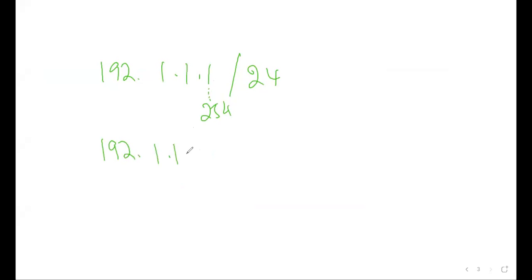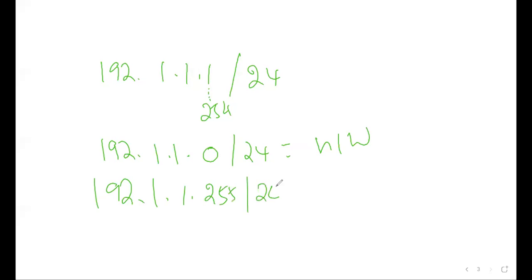Let's say if I'm writing one class C network, 192.1.1.111/24, I can write any number up to 254. So 192.1.1 is the network portion, and for the host portion, if it's 0, this is called the network. If my host portion becomes 255, that is the broadcast.